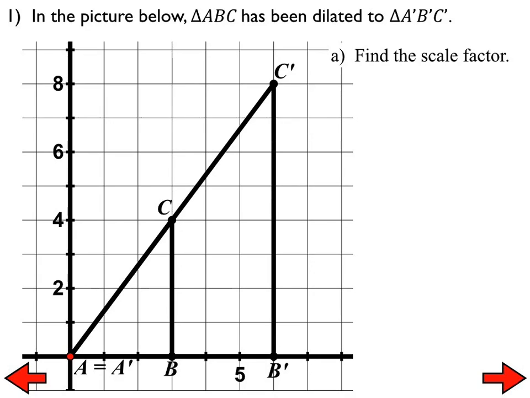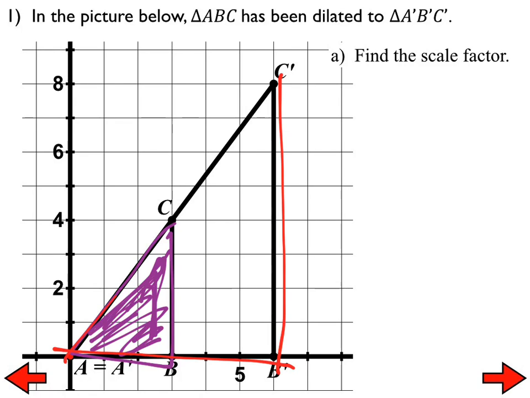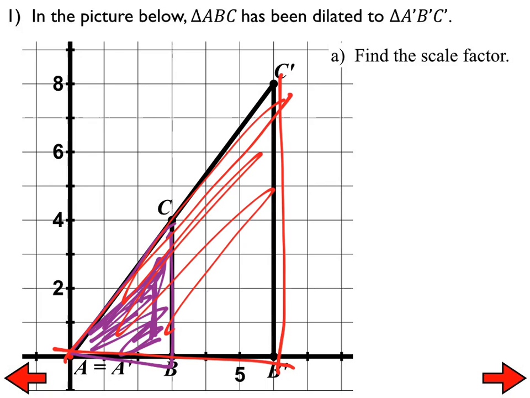One other thing we should clear up here, and most of you I know have no problem seeing it: this is triangle ABC right here. That's the triangle that is the pre-image. We're dilating that to find the bigger triangle right here, triangle A prime, B prime, C prime.